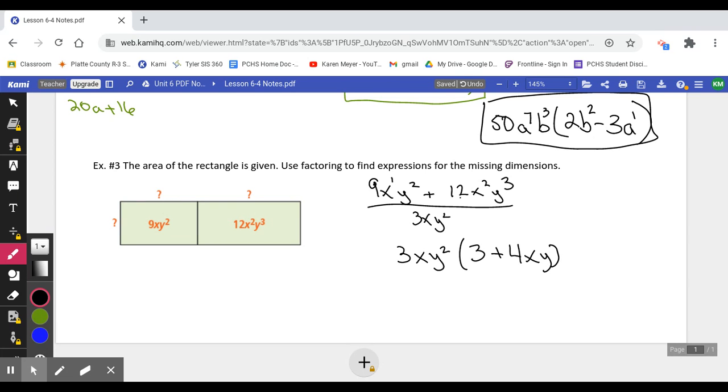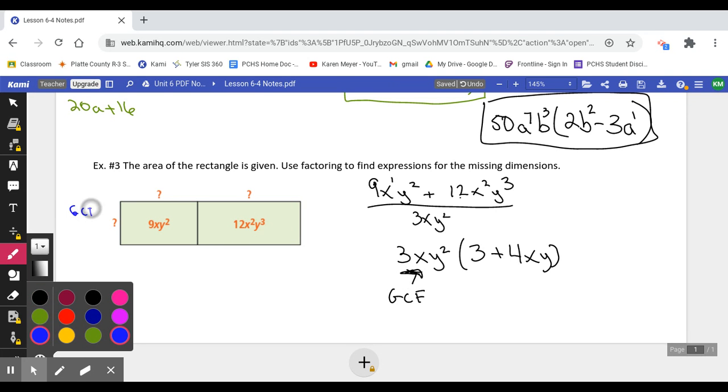And now let's talk about how we're going to use that to help us make the answer. Okay? So, the GCF, so this part right here, that's outside my parentheses, that's the GCF. And that is the part that goes over here on the side of my rectangle.